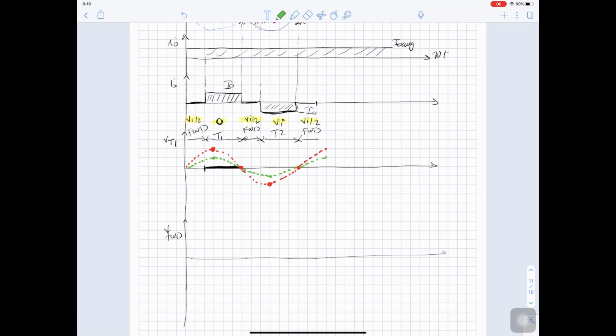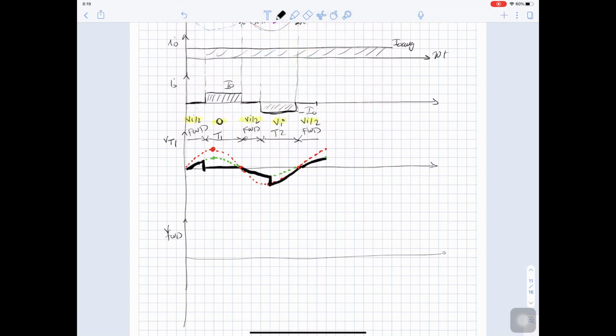And then I will sketch my V thyristor 1. So here it is Vn over 2. So I will go through Vn over 2. Then it is Vn, so I will move to Vn. Then it is Vn over 2. And here it was Vn over 2. So this is V thyristor 1.